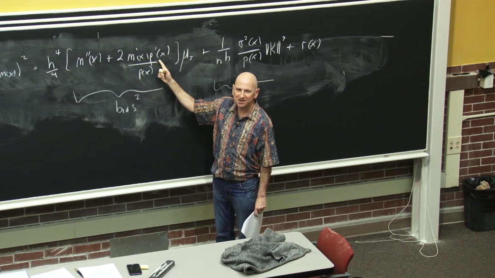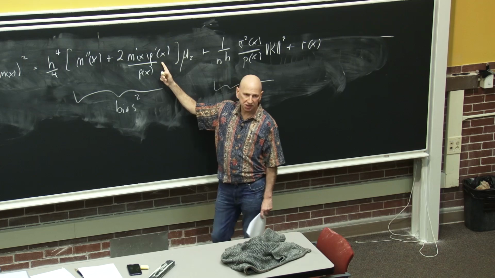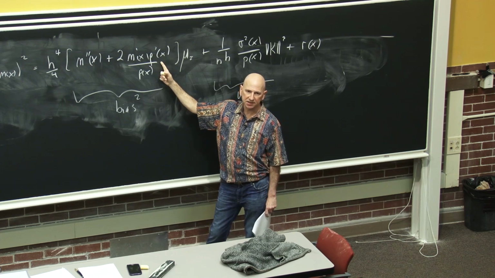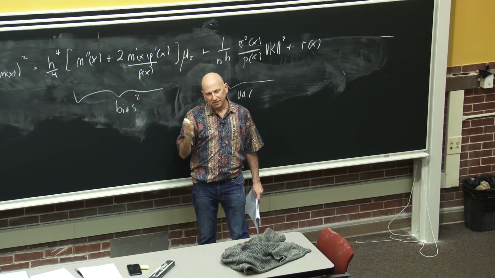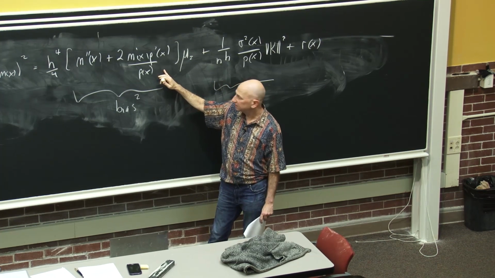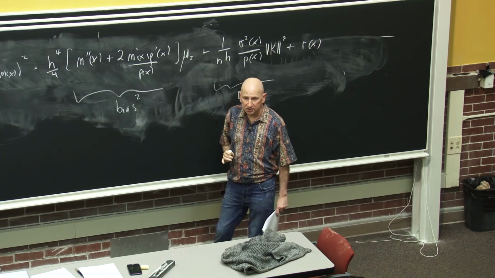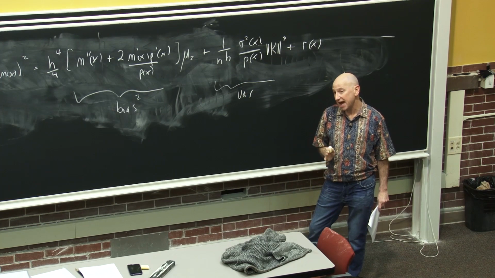What's p? P is the density of the x's. It's kind of odd that that should come into it. This is called design bias. What this is saying is anywhere where the density p is a little bit steep has extra bias. That's called design bias.